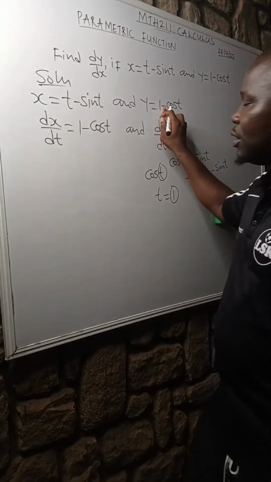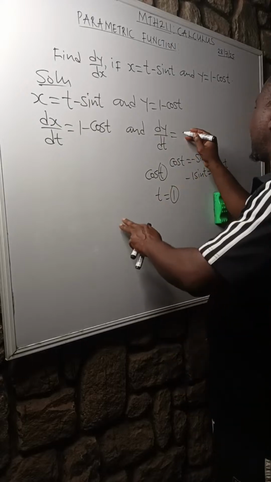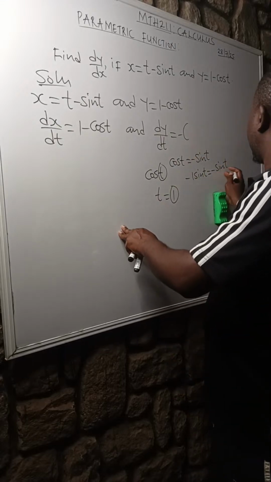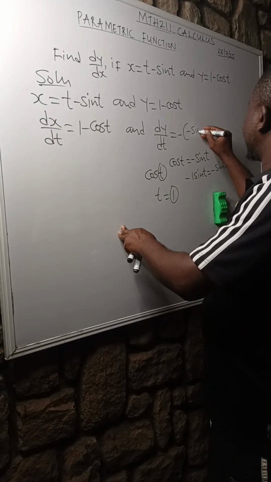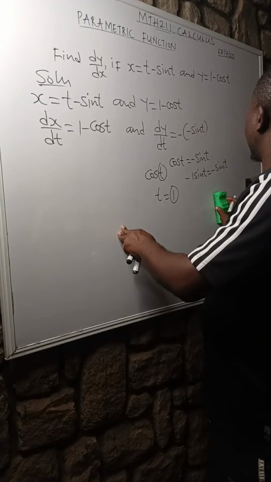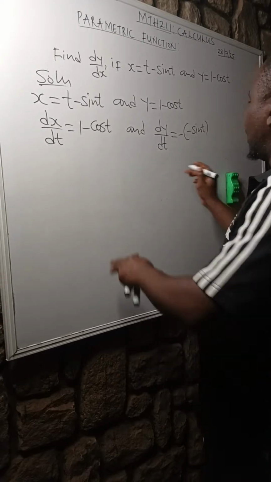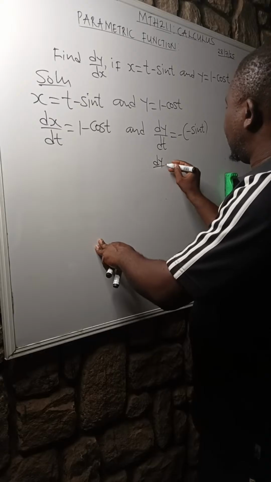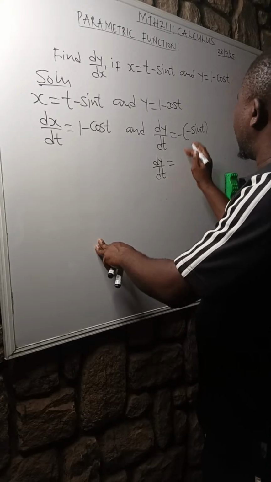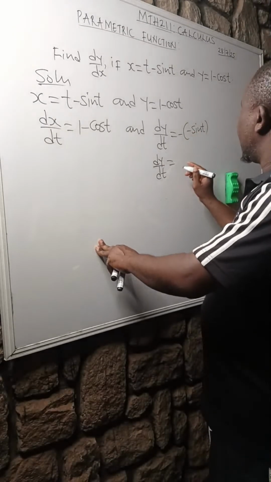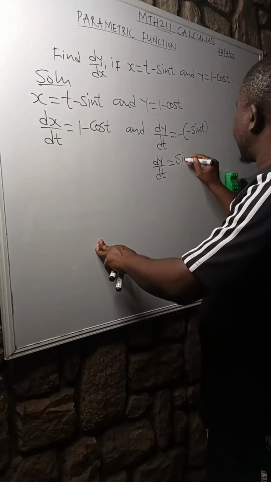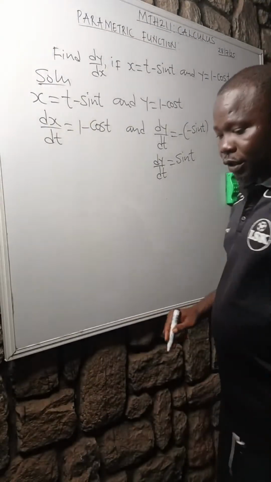So here will now be minus, open bracket, minus sine t. Then our dy all over dt will now be, because minus times minus is what? Plus sine t. So far so good.